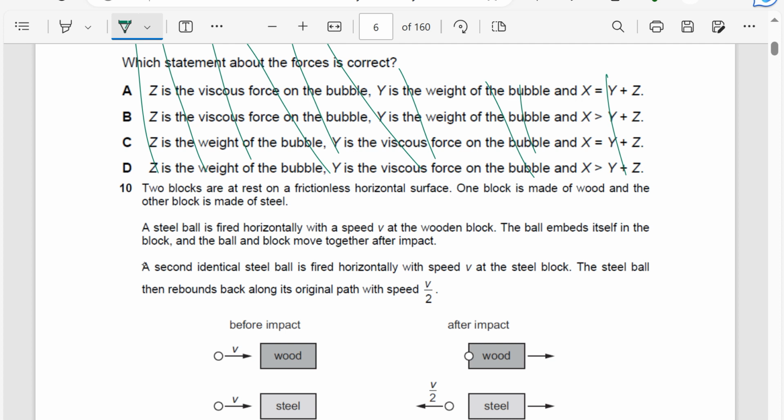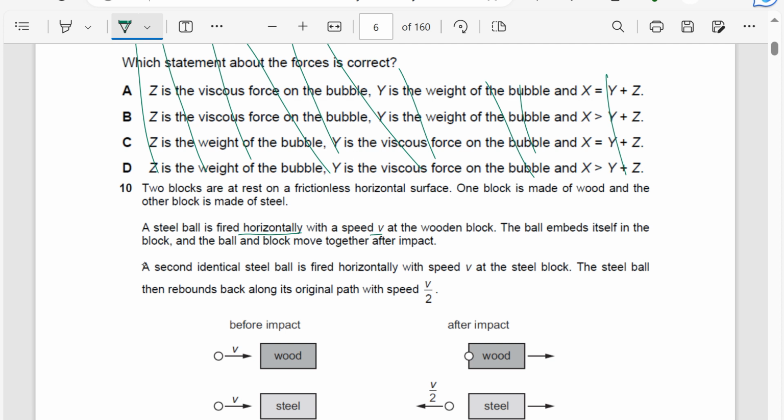One block is made of wood and the other block is made of steel. A steel ball is fired horizontally with a speed v at the wooden block. The ball embeds itself in the block and the ball and the block move together after impact.